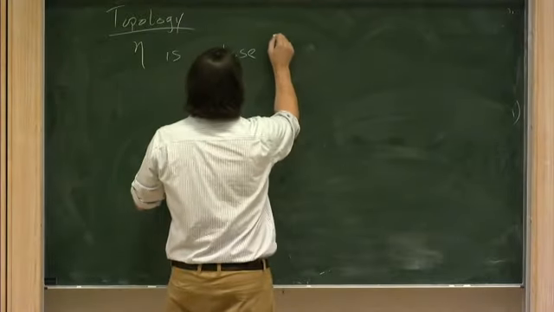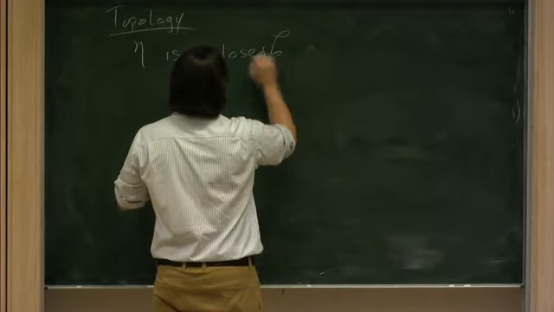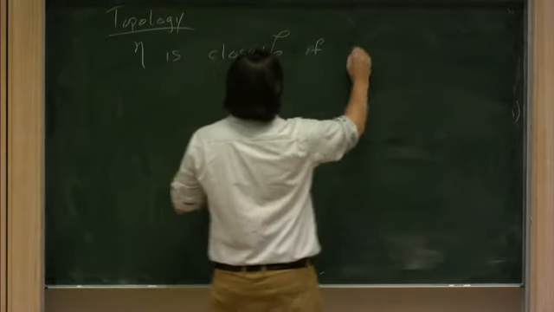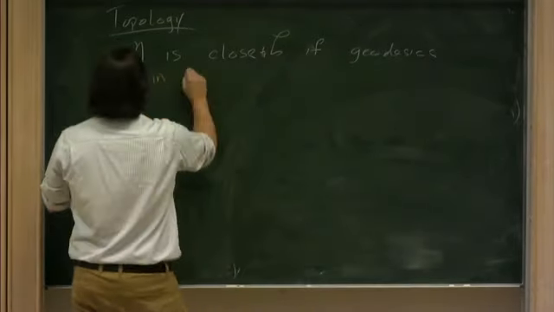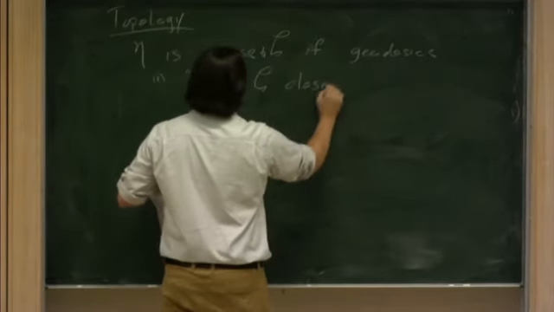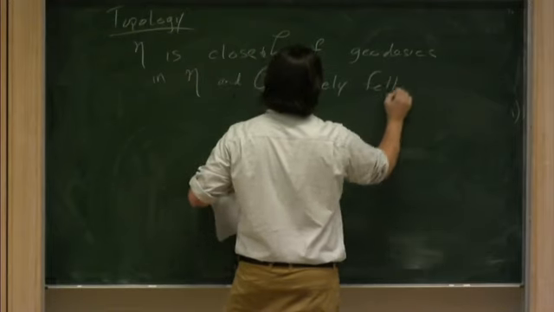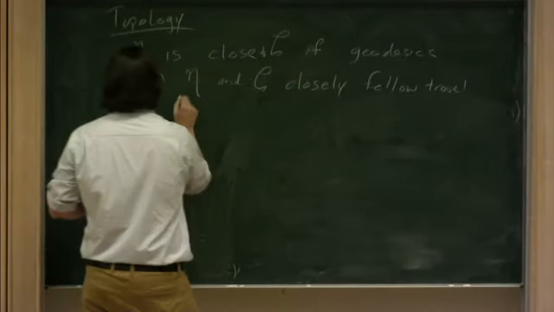So I'll say eta is close to zeta if geodesics in eta and zeta closely fellow travel for a long time.